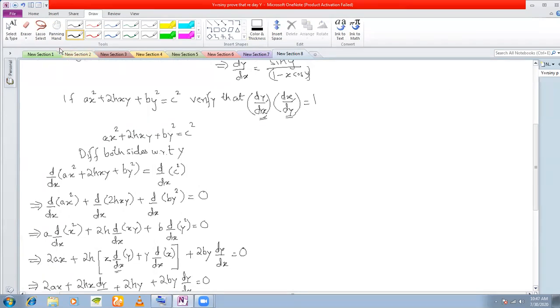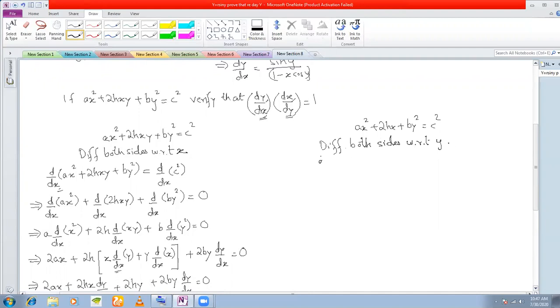Okay, now how to find out dx/dy? Let's see. Again you have ax square plus 2hxy plus by square equal to c square. This time I write differentiating both sides with respect to y, not with respect to x, because I want dx/dy.